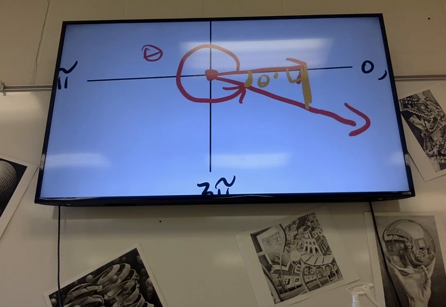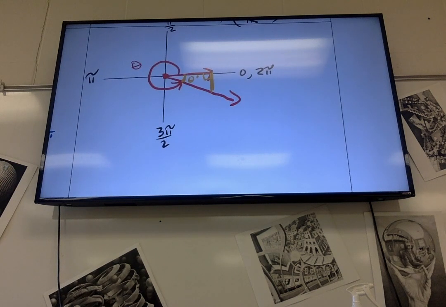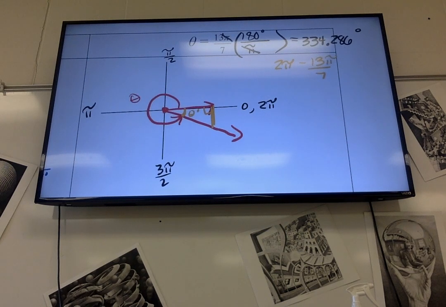The red and the orange together make a whole circle. So I could take 2 pi, which is the whole circle, minus 13 pi over 7. Or you could do it in degrees and then have to turn around and change it back into radians, which is okay.